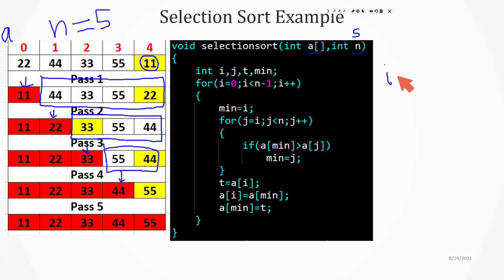Gautam S. Krishna. Yes, sir. What are the possible i values? 0, 1, 2, 3, 4. Okay. Very good. Srishant J. I think Srishant J has some problem with the microphone.